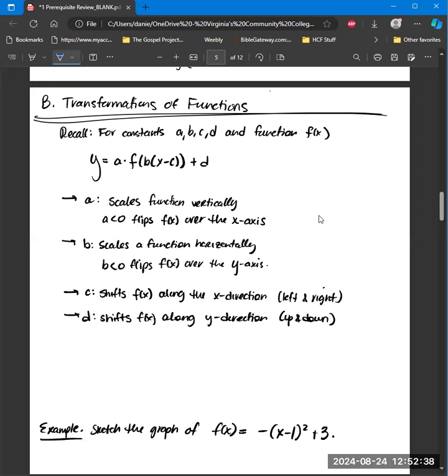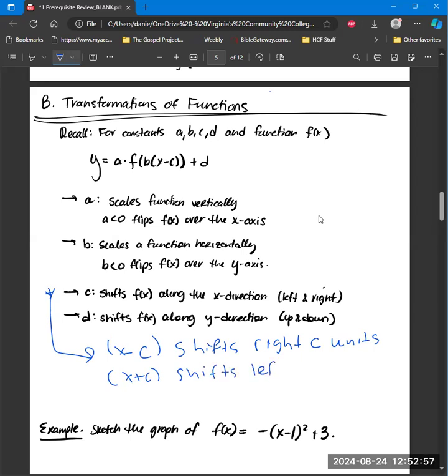So just make a note here, x minus c shifts right c units, and x plus c shifts left c units. Okay.